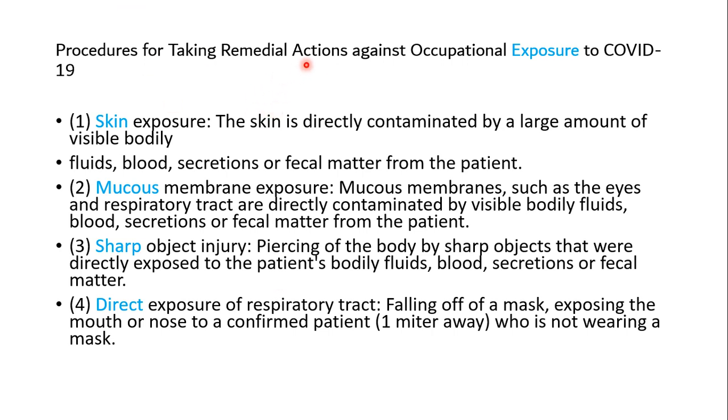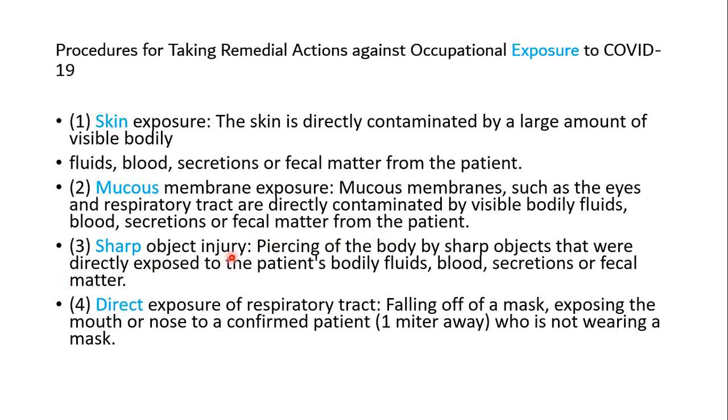Continuing with the procedure of remedial action. Skin exposure means the skin is directly contaminated by a large amount of visible bodily fluid, blood, secretion, or fecal matter from the patient. Mucous membrane exposure means mucous membranes such as the eye and respiratory tract are directly contaminated by visible bodily fluid, blood, secretion, or fecal matter from the patient.